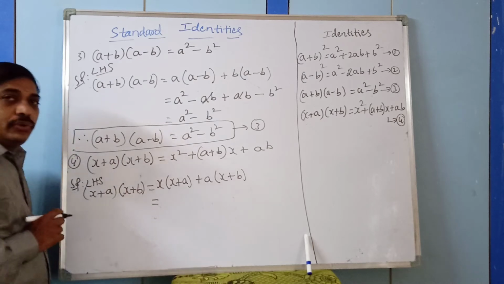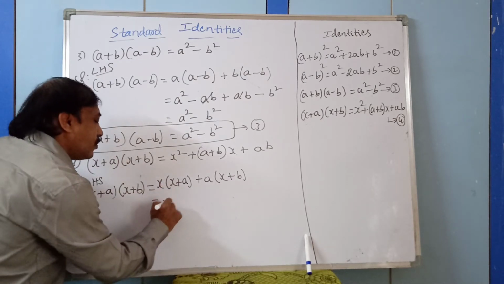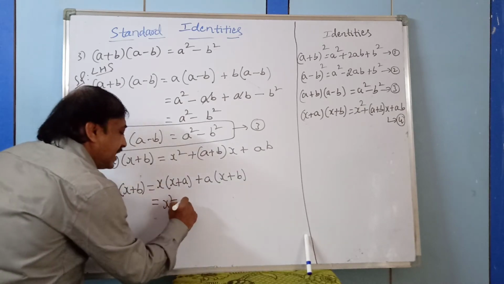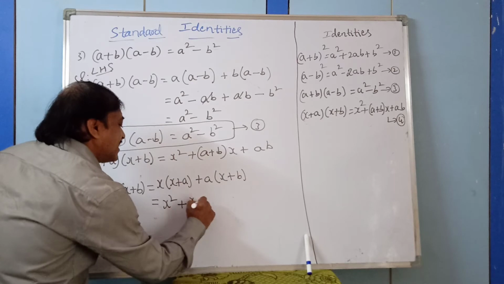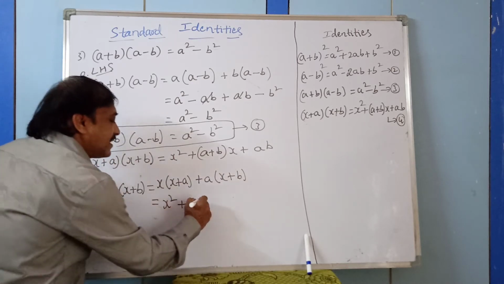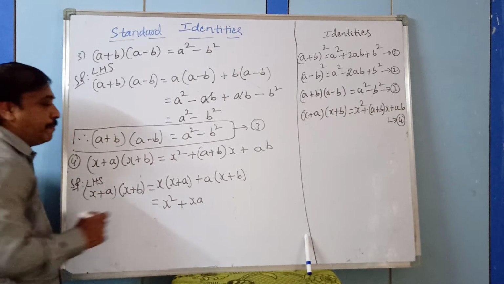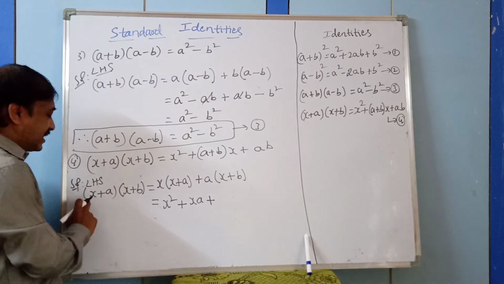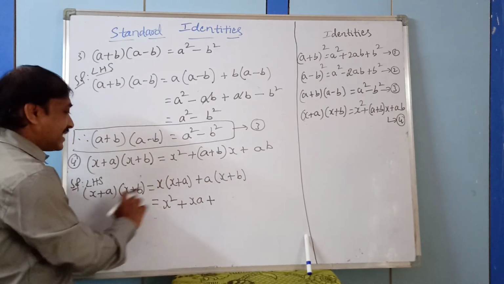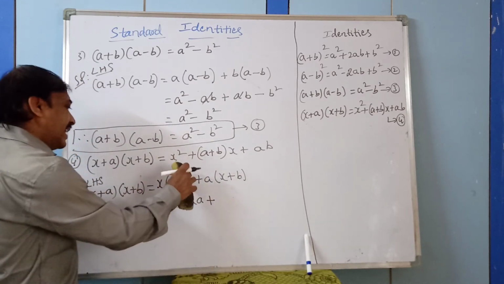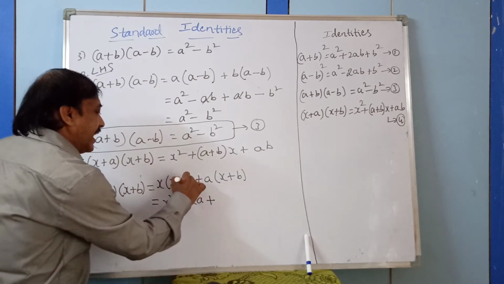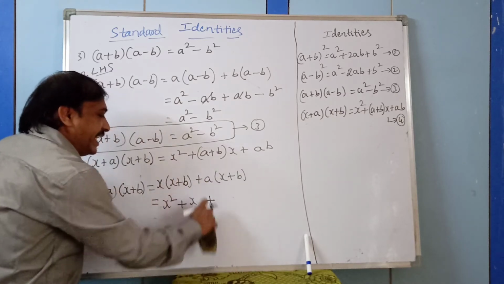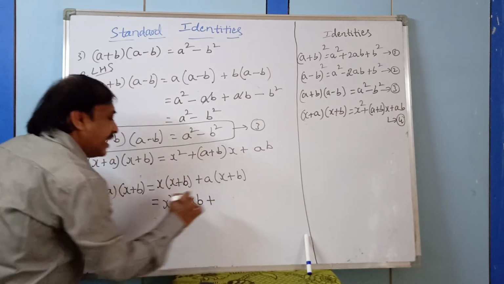So which is equal to x into x, x square. Observe it carefully. x into x, x square, plus x into b, xb, or you can write as bx.